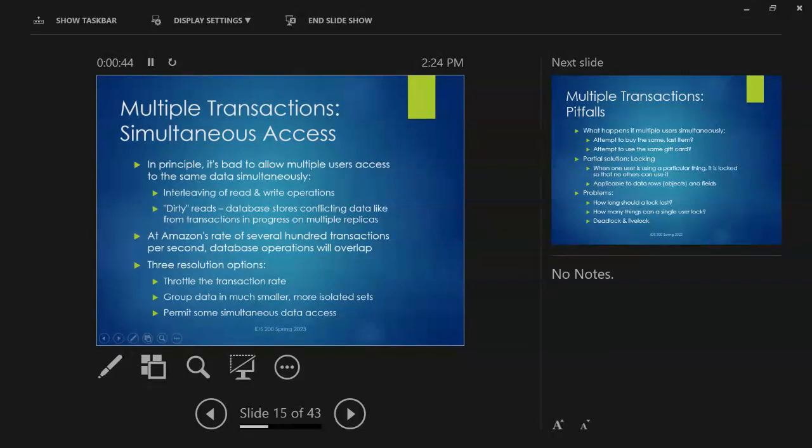Now, at Amazon's transaction rate, several hundred per second, it's inevitable that database operations will overlap. For example, if you run a query on a database, say, show me a bunch of products, Amazon's basically got to skim through an entire list of products. So while that query is pending, if they're following strict ACID properties, which they don't, nobody can look at that section of the database.